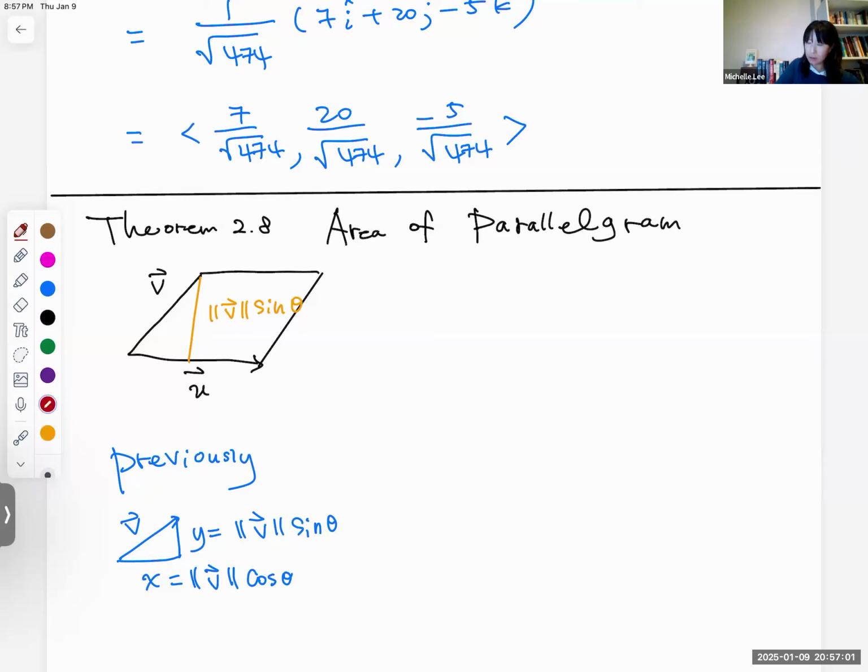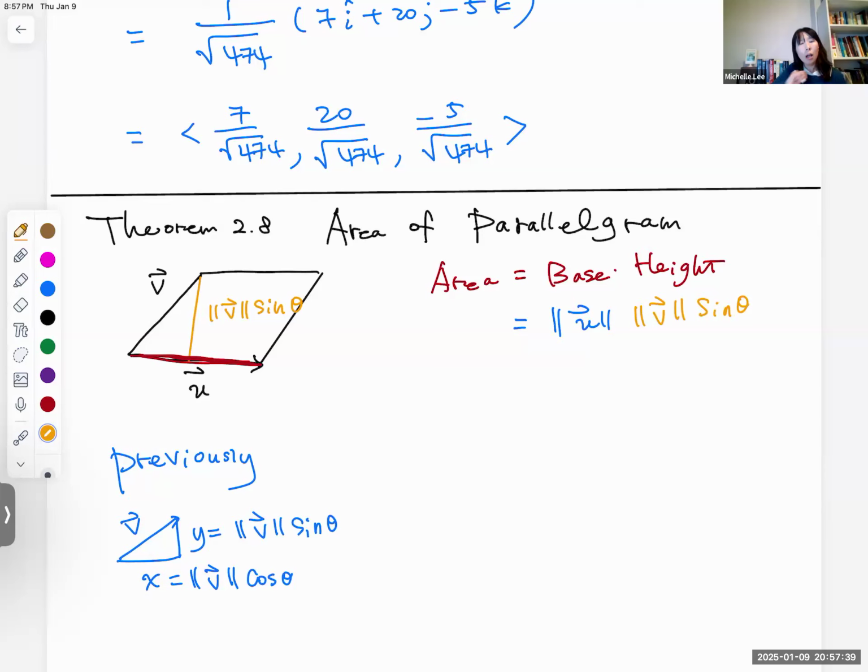Then the area of a parallelogram is base times height. What is the base? The base is this one, but we talk only about the length, so that will be the magnitude of vector U. And the height will be the magnitude of vector V sine theta.